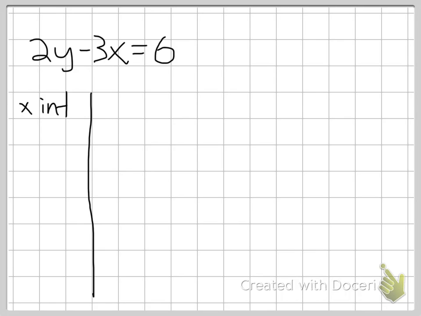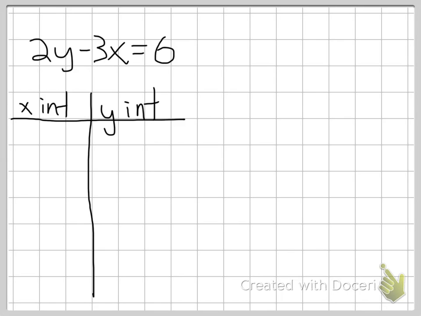Okay, so let's make it 2y minus 3x equals 6. And we're actually going to graph this at the end. So same exact setup, right? X-intercept, y-intercept.